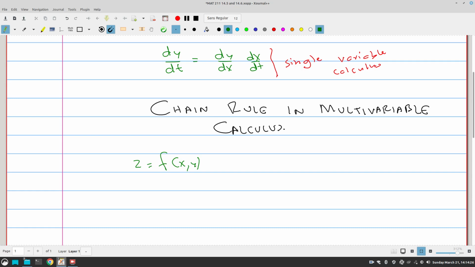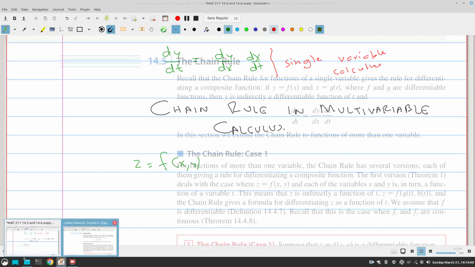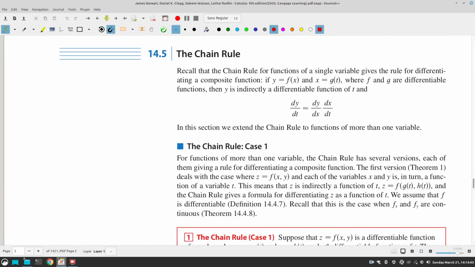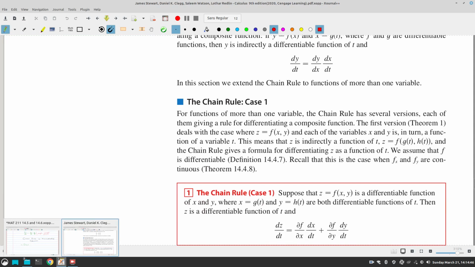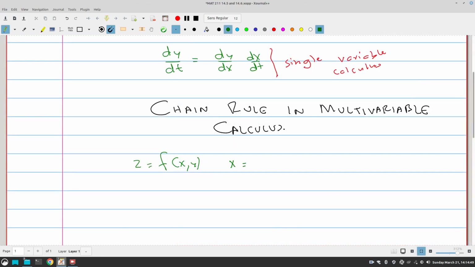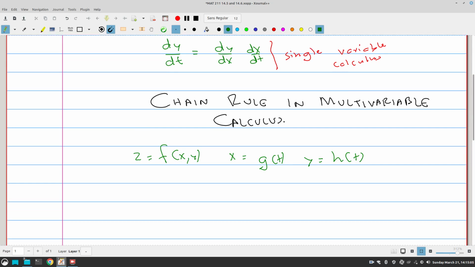Now, if z is a differentiable function of x and y, and if you have x equals some function of t and y equals some function of t, meaning z is a function of x and y, and x is a function of t, and y is a function of t, then z is essentially a function of t only, right?